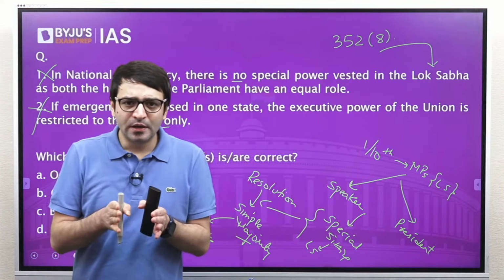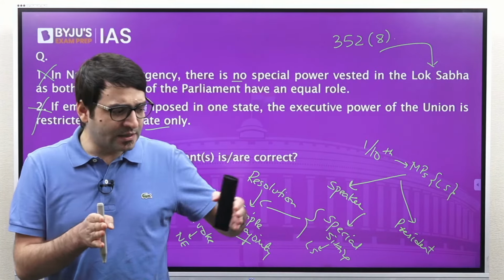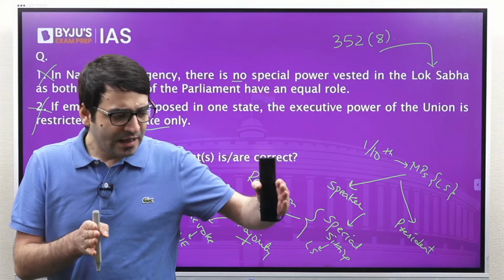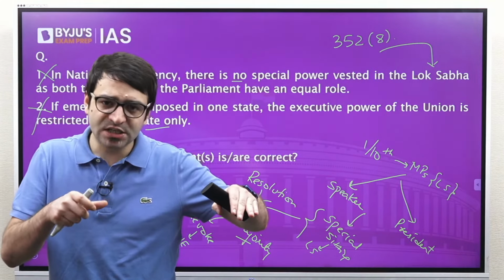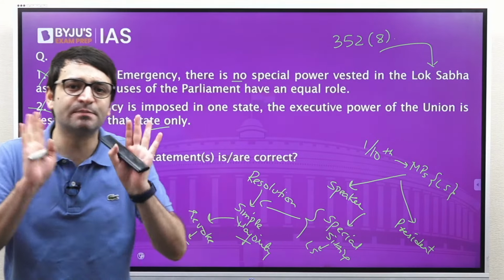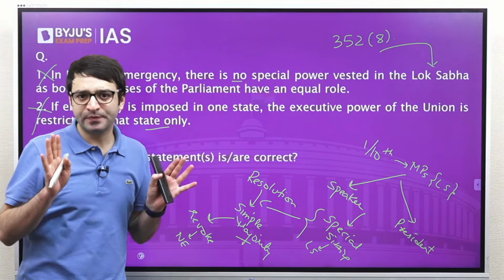And this law, which is passed by the Parliament during national emergency, continues till national emergency continues in India. And the moment national emergency is revoked, this law passed by the Parliament on state list continues for a further period of 6 months. After that, it automatically lapses.